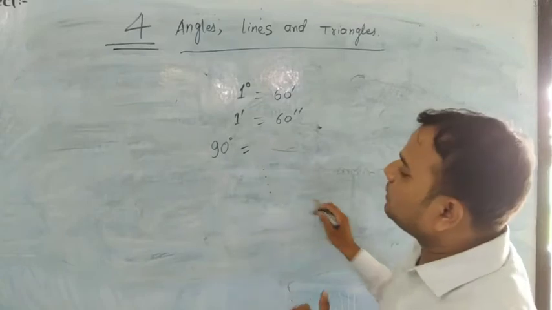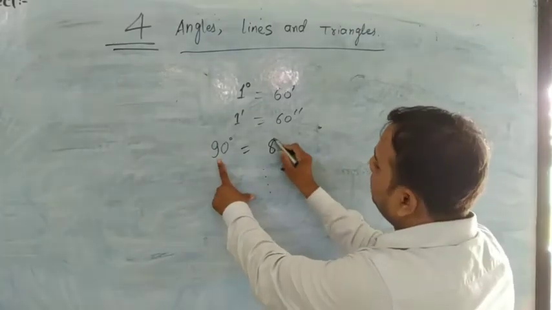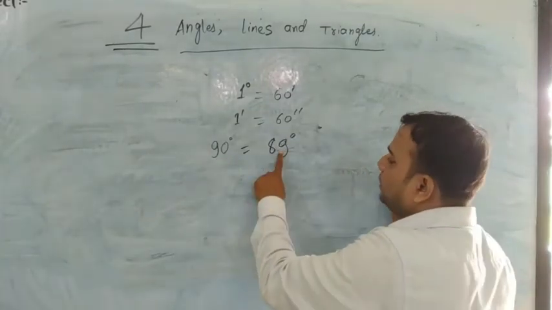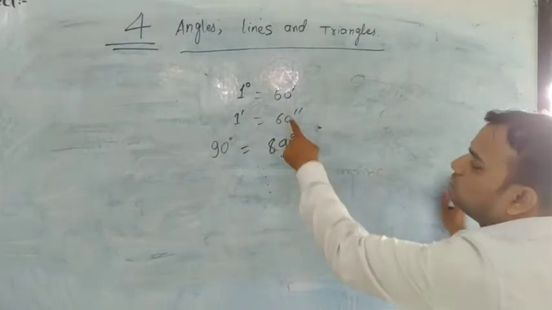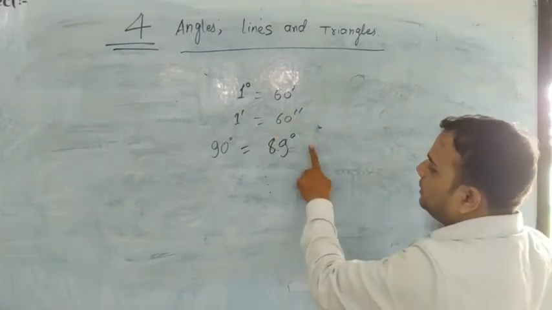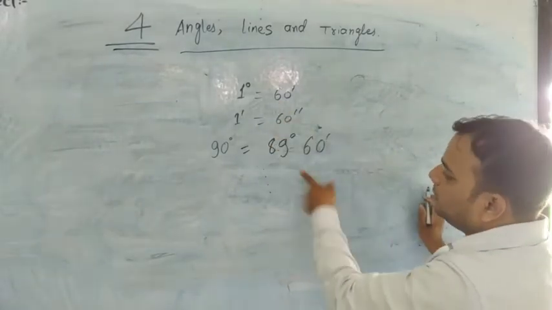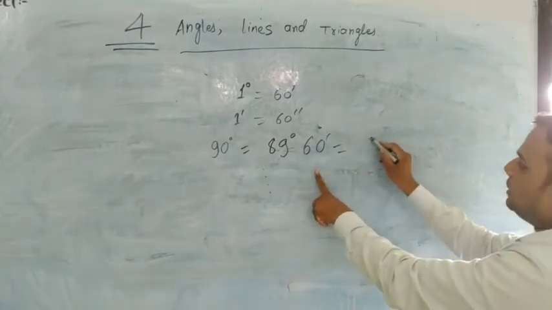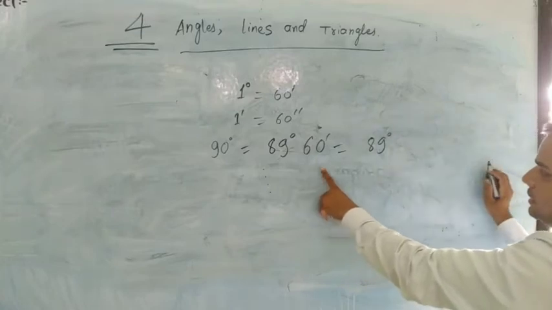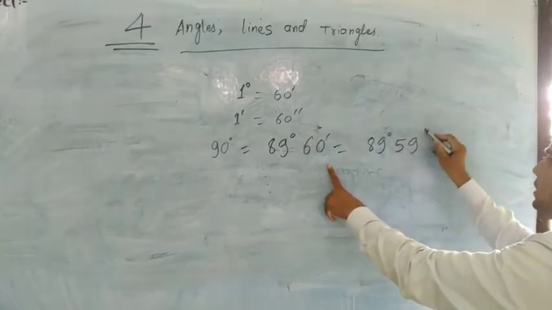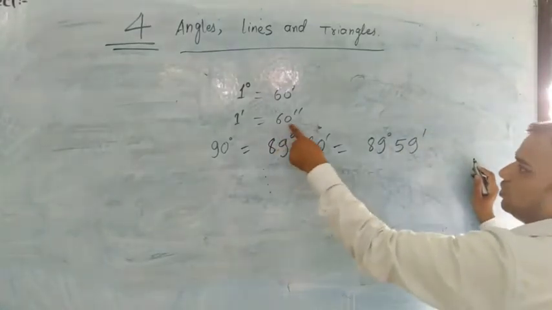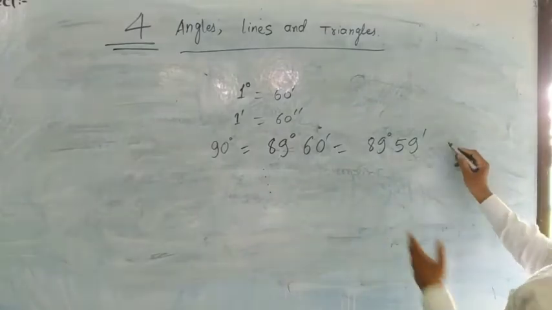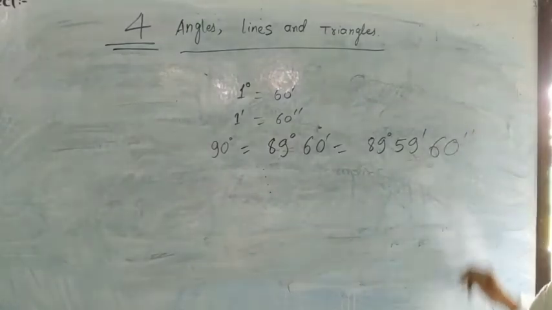If 1 degree is left, it is called 89 degrees, and 1 degree is equal to 60 minutes. If we remove 1 minute also from the 60 minutes, it is 89 degrees 59 minutes, and 1 minute is 60 seconds.